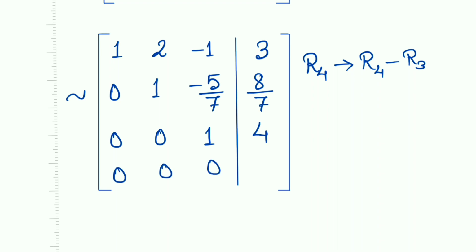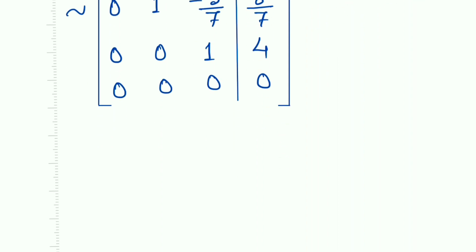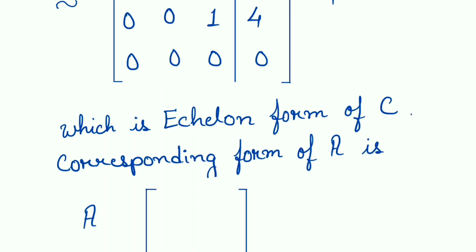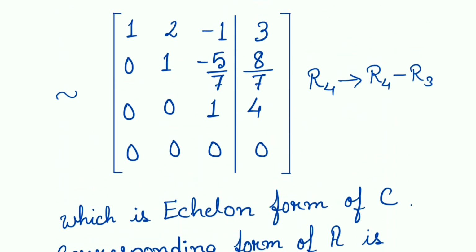that is a 0 row. Hence, we can stop the operations here because the required echelon form of the augmented matrix is obtained. All the leading elements of the augmented matrix are 1 and the last row is a 0 row. So this is the echelon form of C, that is the augmented matrix.